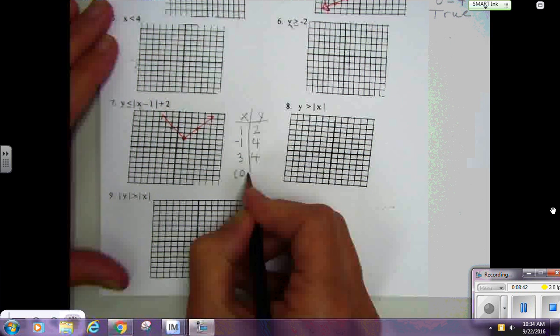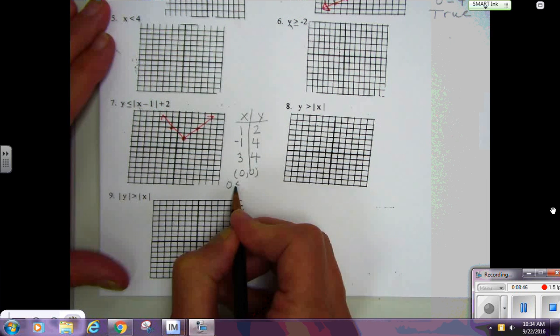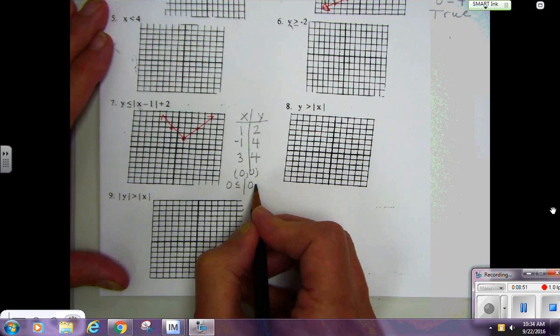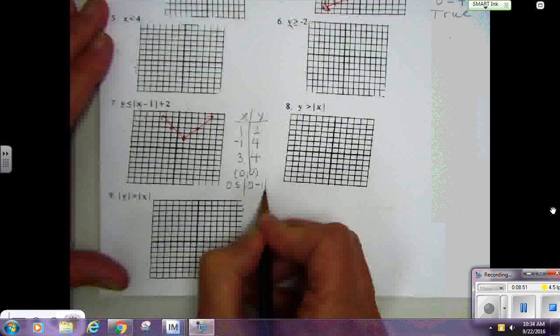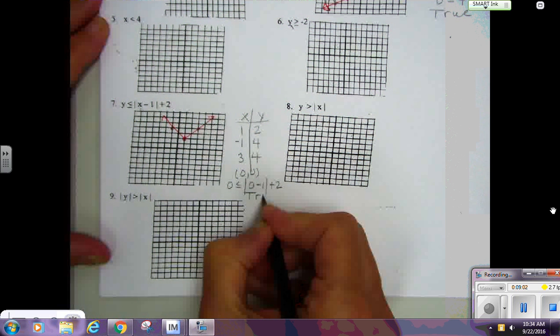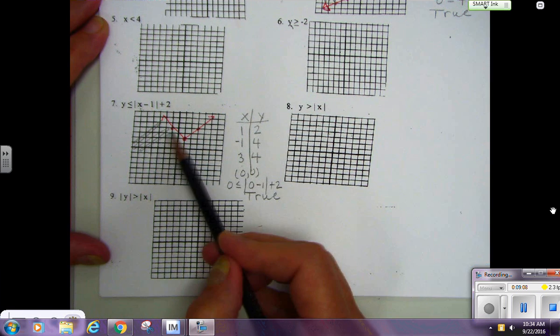So I'll get 0 is less than or equal to absolute value of 0 minus 1 plus 2. So is 0 going to be less than what's on the right side? Okay, that is true. So since that is a true statement, I'm going to shade where that point is, which is outside the V shape.